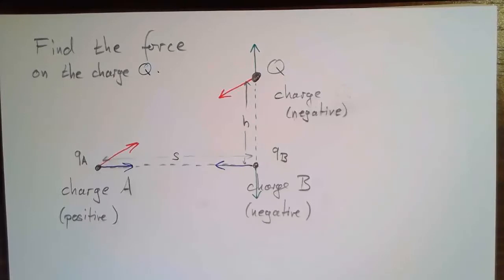Our physical insight has been, okay, charges interact with each other electrostatically. They attract or they repel. And to find the total force on any one charge, I just add the individual forces.